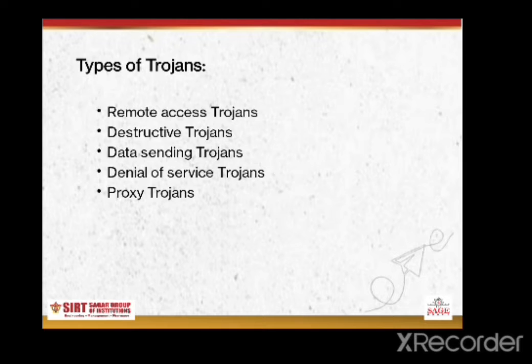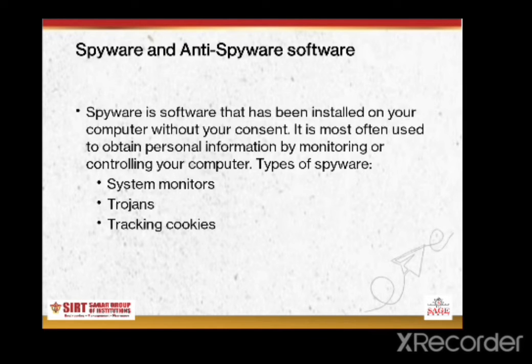Again, there are different types of Trojans like remote access Trojan, destructive Trojans, data sending Trojans, denial of service Trojan, and proxy Trojan. Now, another type of malicious program is spyware and anti-spyware. As the name suggests, spyware means they are doing the observation. Spyware is software that has been installed on your computer without your consent.